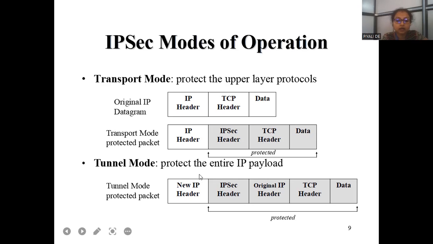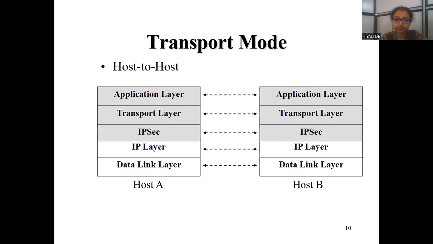This is redundant information of this header. This header is added before the IPsec header. So here, including the original IP header, the entire packet is protected, but in transport mode, only the data from the upper layer is protected.